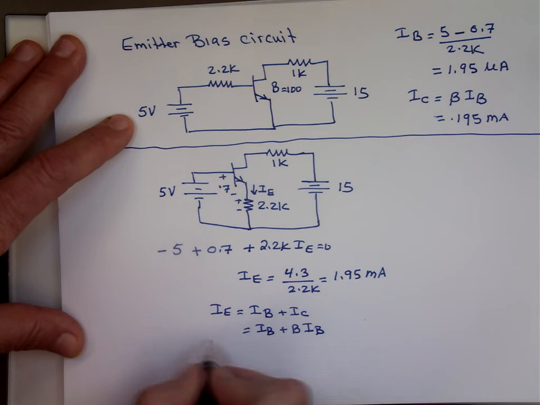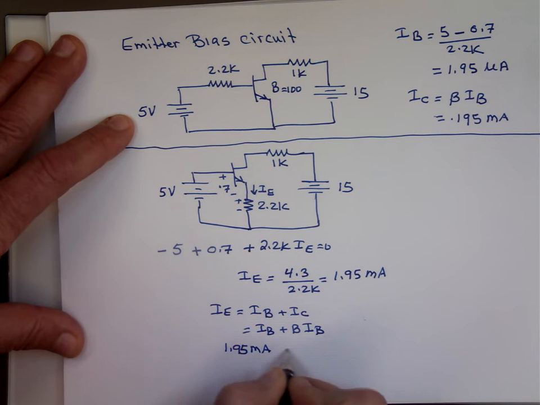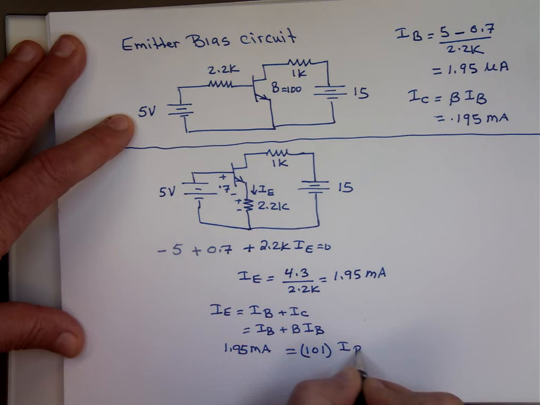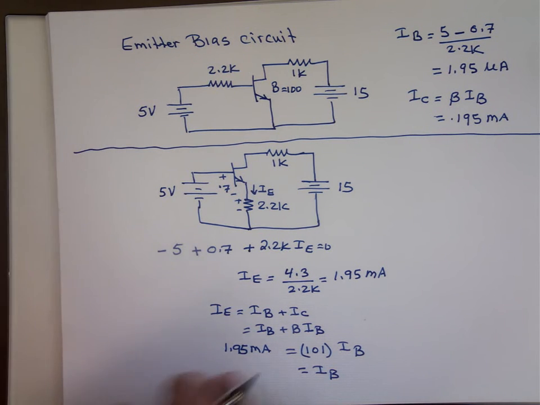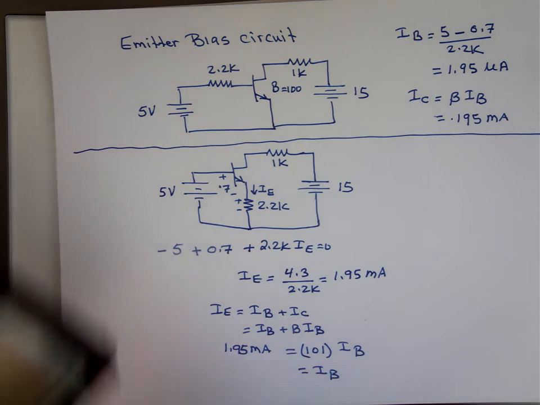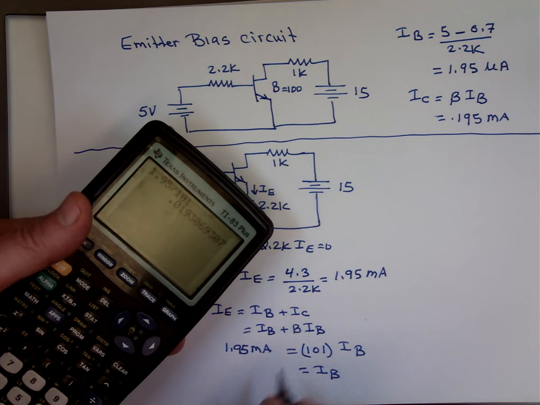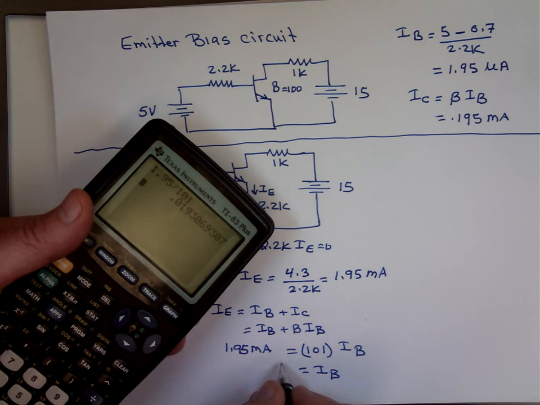So now we have 1.95 milliamp equals 101 times I sub B. And what is I sub B now? 1.95 divided by 101, which is 19.3.